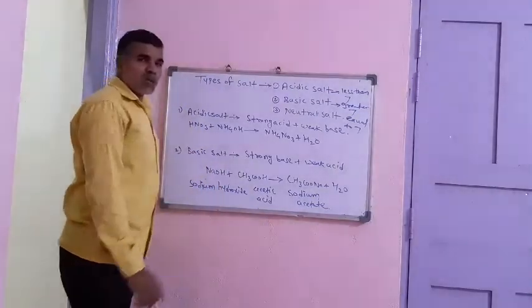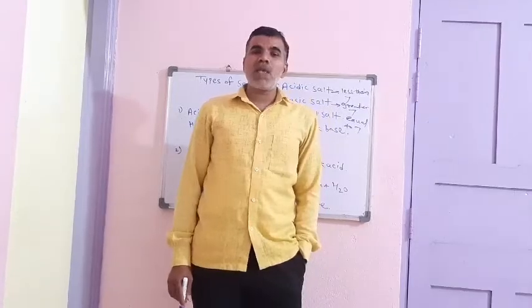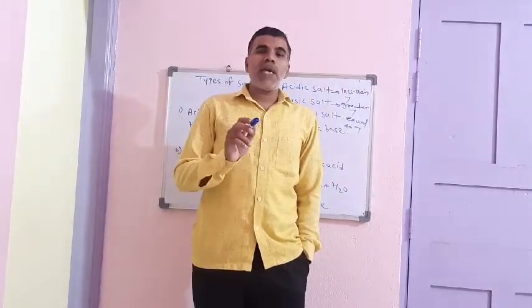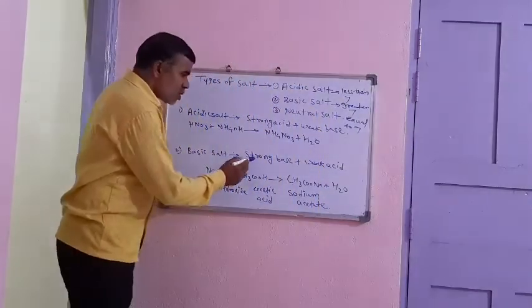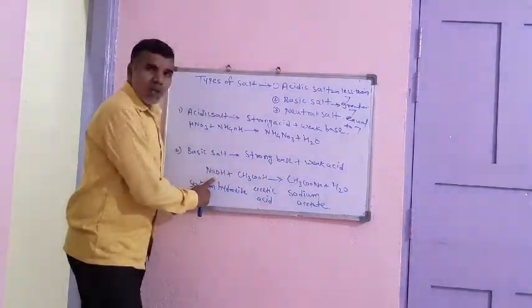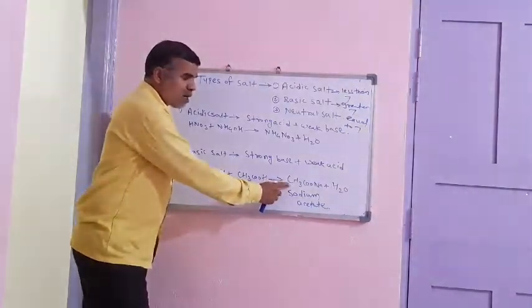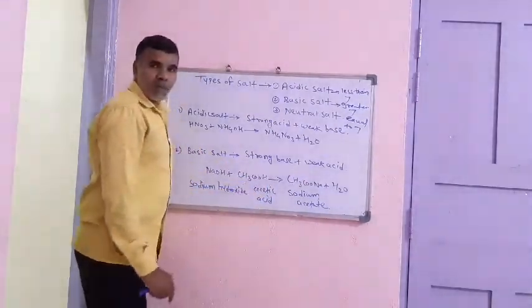Number 2, basic salt. Basic salt is formed by neutralization reaction of strong base and weak acid. Example, sodium hydroxide reacted with acetic acid, we get sodium acetate and water.